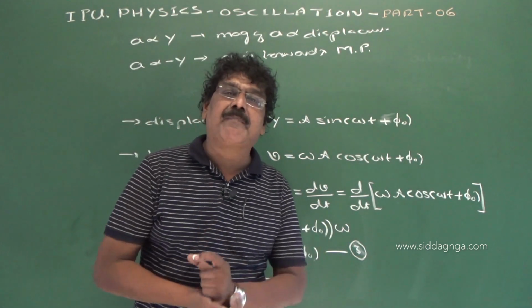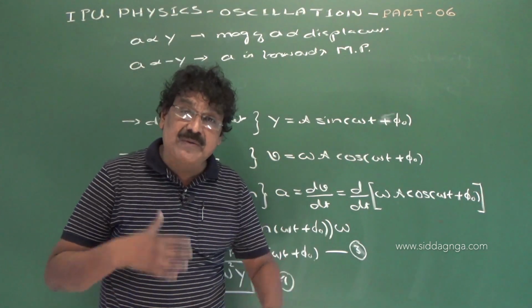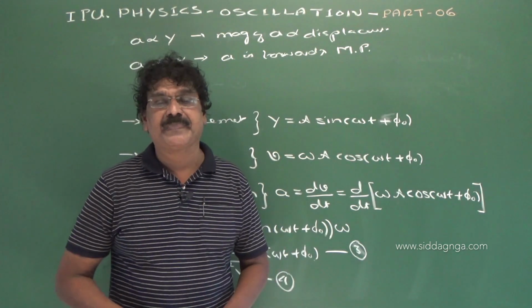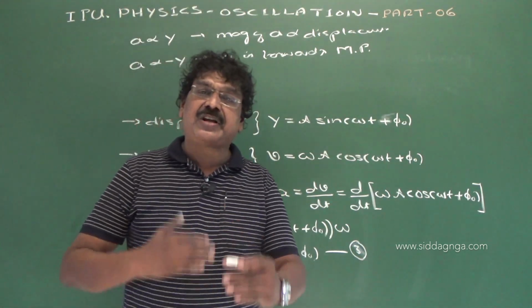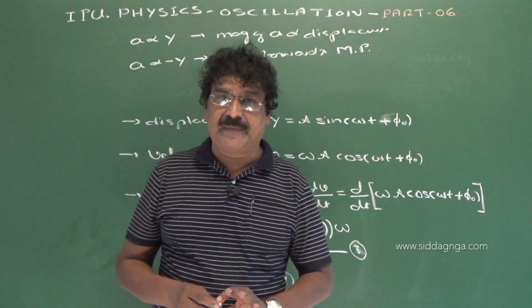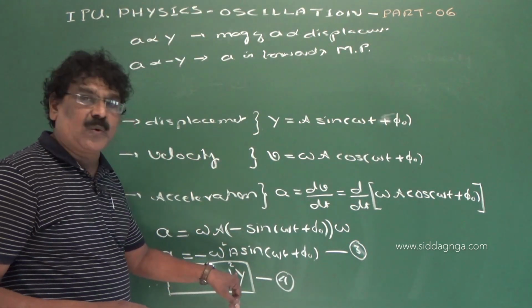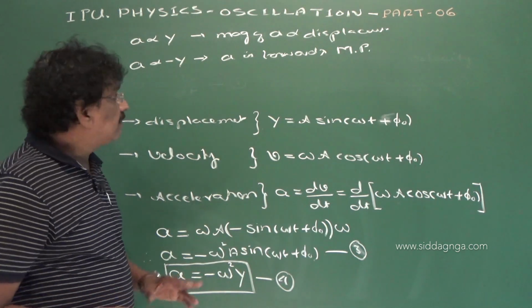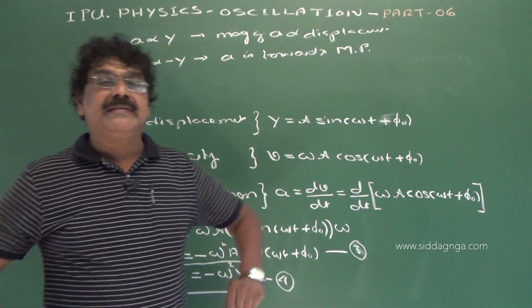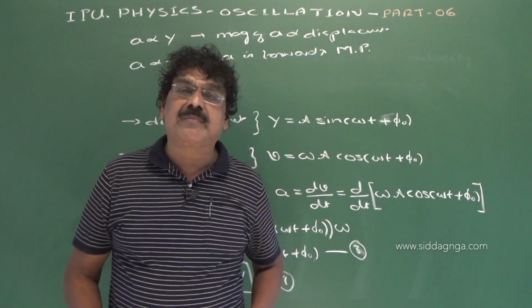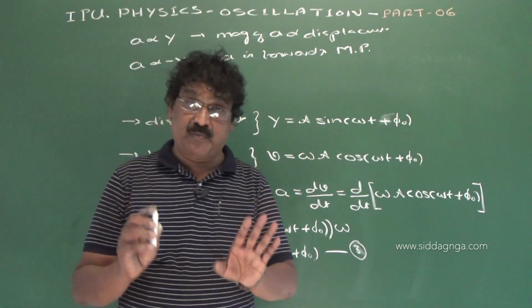If any particle executing harmonic motion is considered, and we can show that the acceleration of that harmonic motion A is equal to minus omega square y, in other words A is proportional to minus y, then that harmonic motion is obviously a simple harmonic motion.